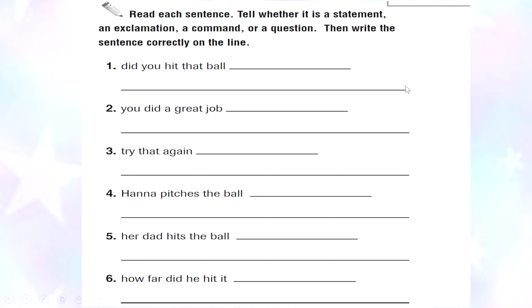Let's start. Number 1. Did you hit that ball? Write statement, question, command, or exclamation. Write just one type that is related to this sentence. And then rewrite it correctly. So now you know what to do with the exercise. I'm going to read the sentences only. 2.